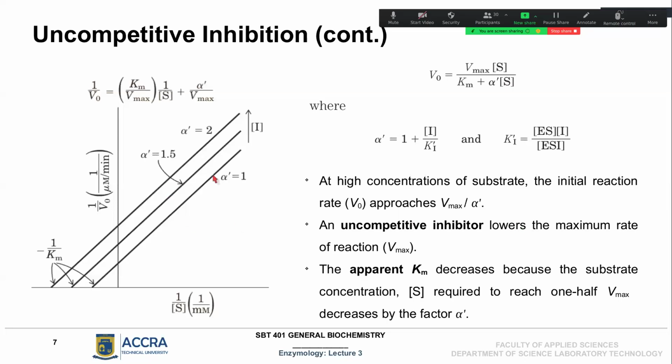You see this being depicted again on the Lineweaver-Burk relationship. Here you see that as you have the concentration of the inhibitor increasing, you don't see any convergence anywhere, because the maximum rate of reaction will keep changing, will keep decreasing as you add more inhibitor into that reaction mixture.